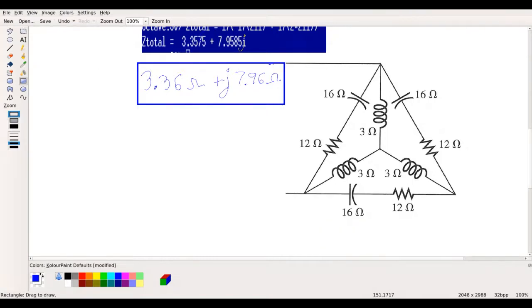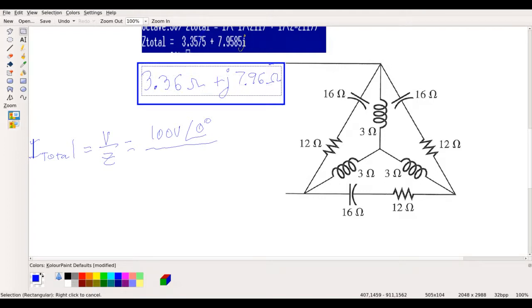We get that I total is equal to the voltage divided by the impedance. The voltage was 100 volts angle 0 degrees, and Z total is this value.